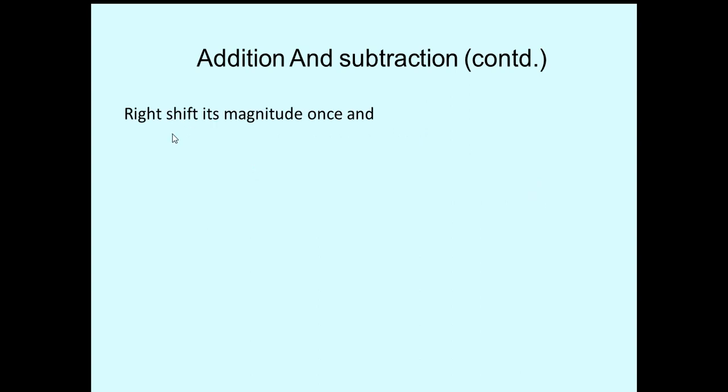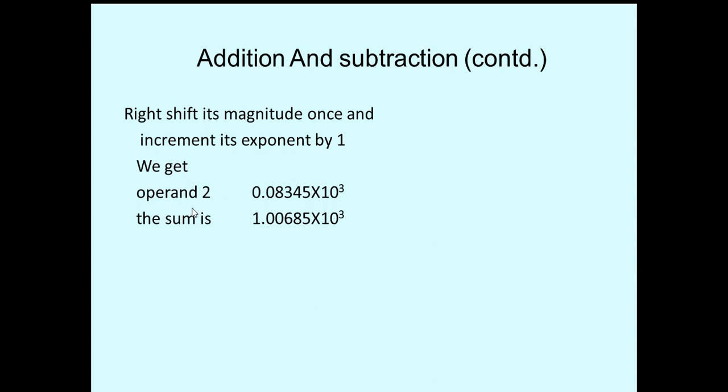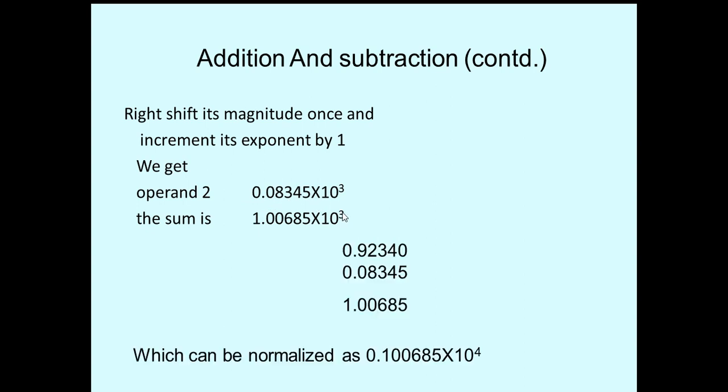For this reason, right shift its magnitude once and increment its exponent by 1. So we shift the magnitude bits of operand 2 towards the right, like this: 0.08345 into 10 power 3.